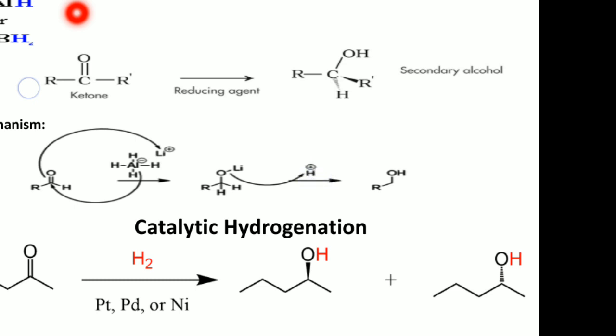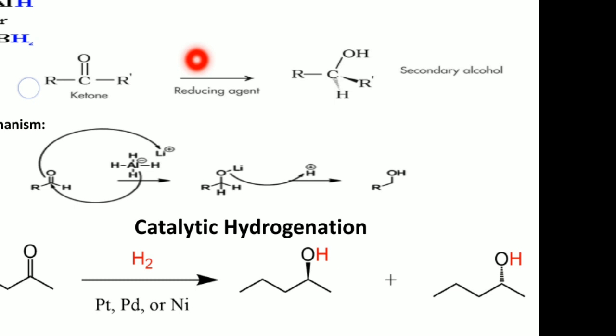Next step, what happens? H plus. This is carried out in the presence of acid. That H plus replaces the lithium of the carbonyl oxygen to produce the alcohol.